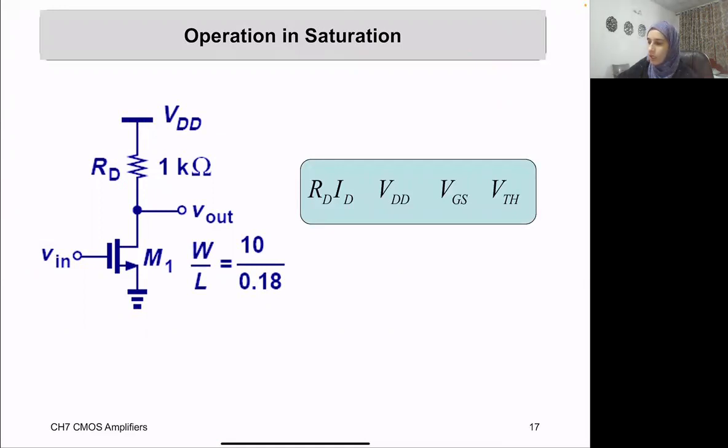And in order to do that, we need to make sure that the voltage drop across RD is going to be VGS. So it was supposed to be like this. So this is the VGS. So this is VD.